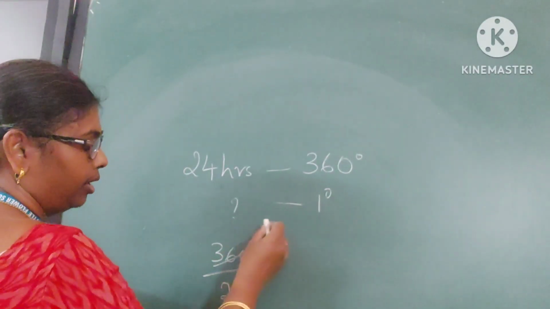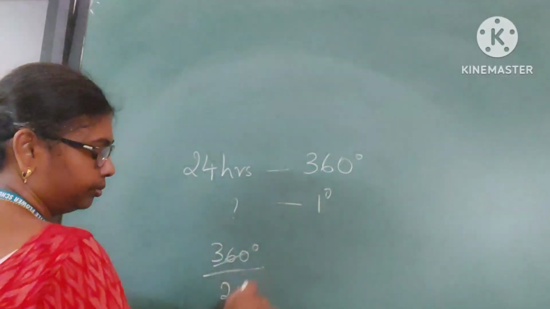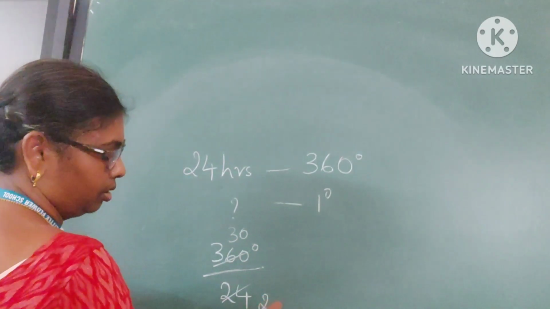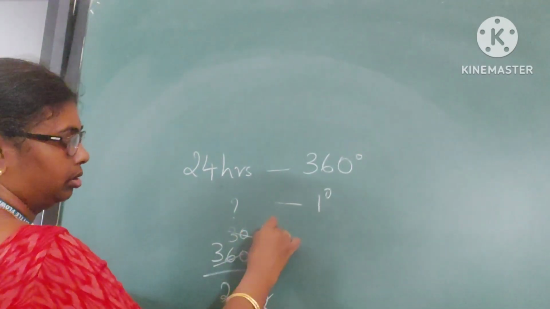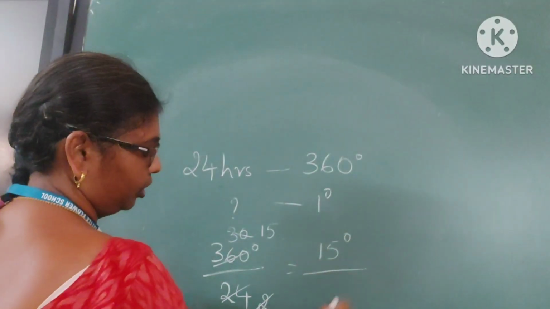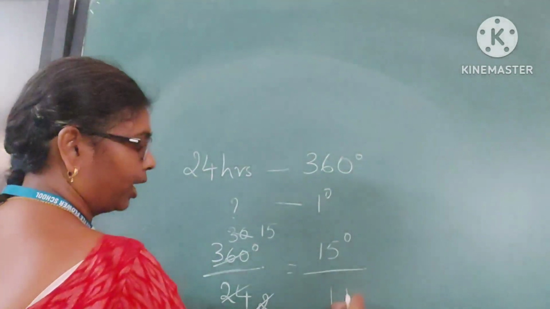When you simplify it, for every 15 degrees you get 1 hour.